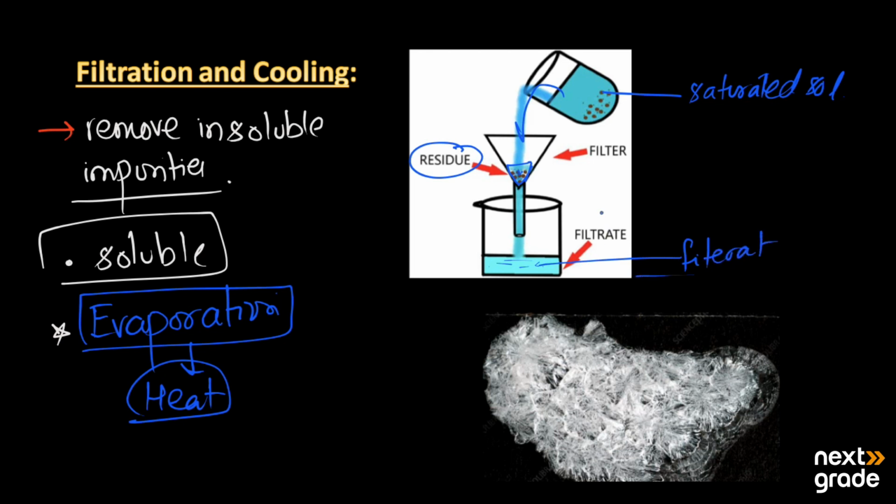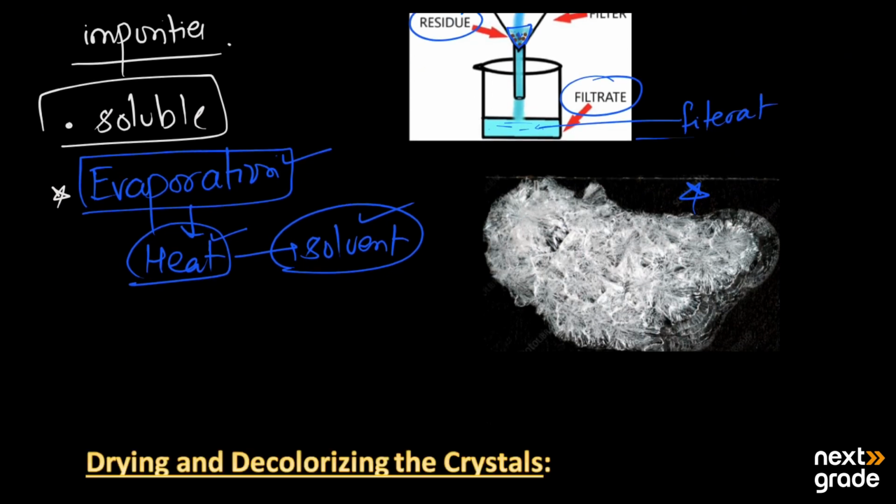Now that filtrate we are going to evaporate by the process of heating. Now the solvent will get removed from the solution, and we gain the crystals in this form, and these crystals are somewhat wet, and we need to dry these crystals.